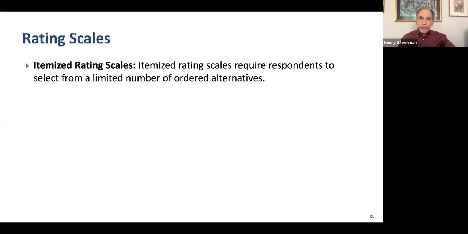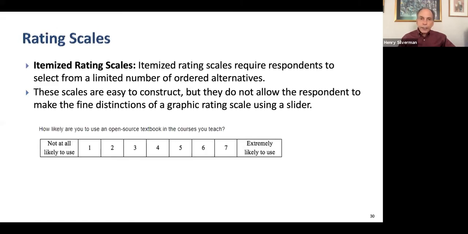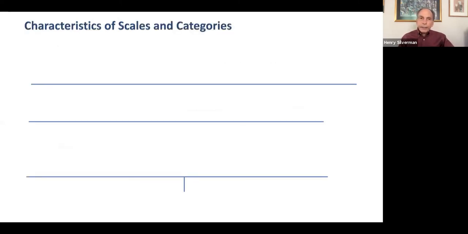Another type of rating scale is shown here, where you have identifiable categories, 1, 2, 3, 4, 5, 6, 7. It's a little bit less sensitive than the sliding scale technique.